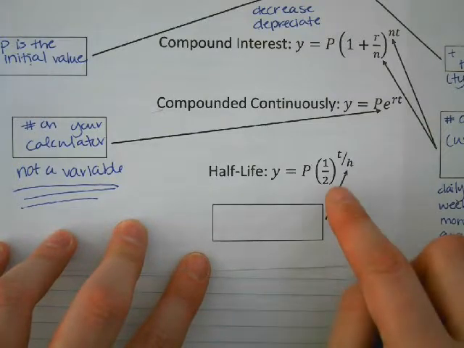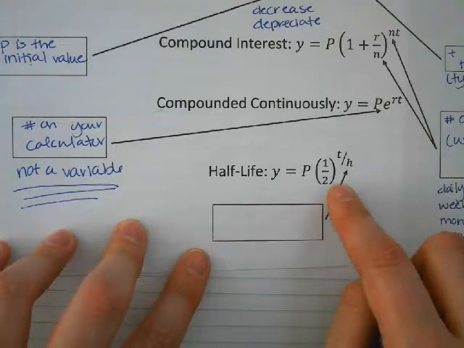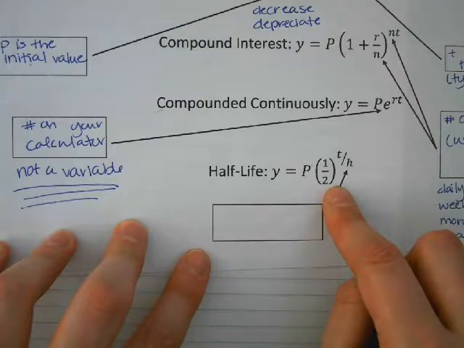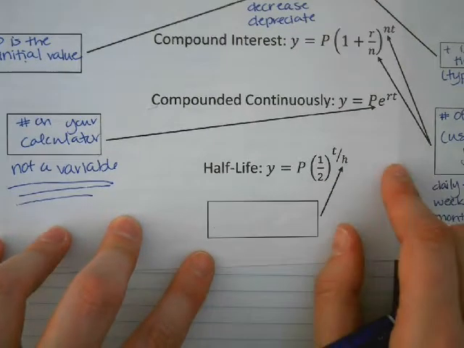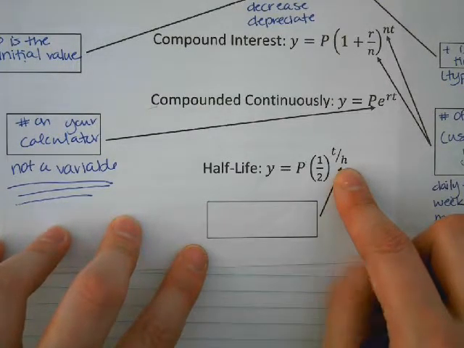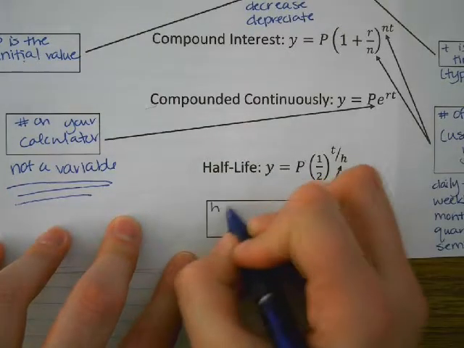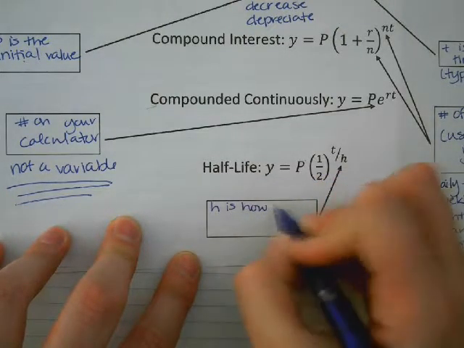Half-life. What does that remind you of? Have you done this in science? In science, they do the formula a little bit differently, but the answers are the same. What do you think the H stands for? It's how long a half-life is.